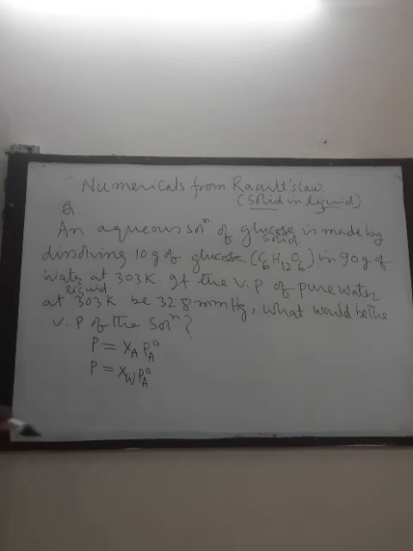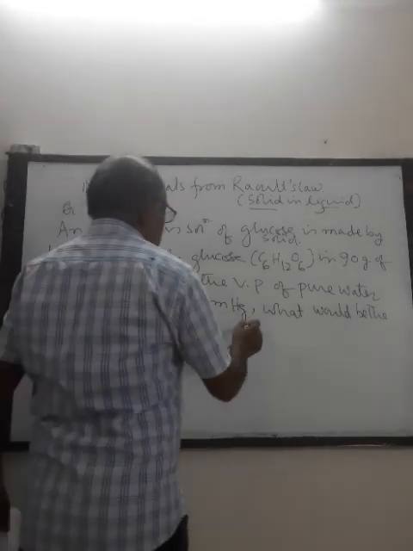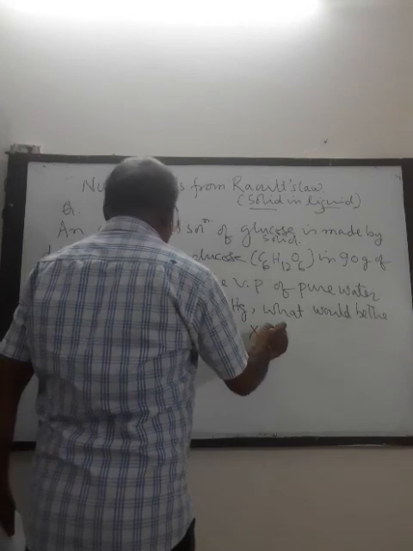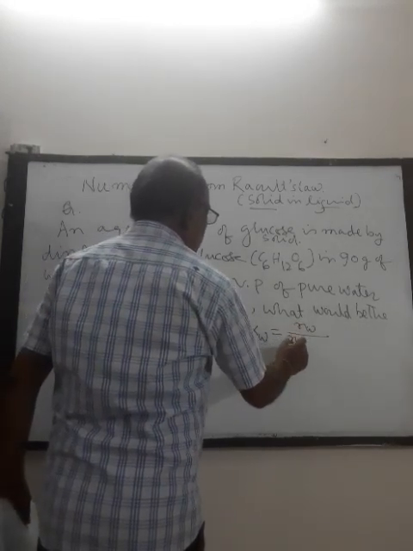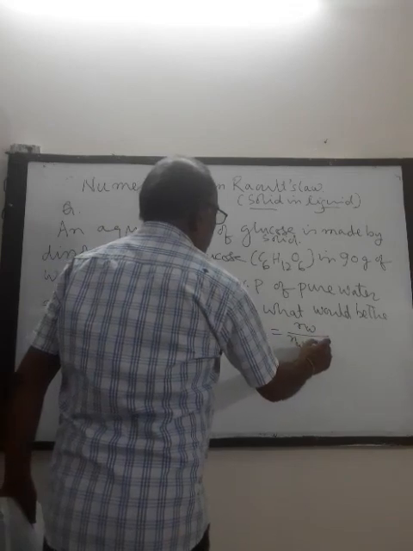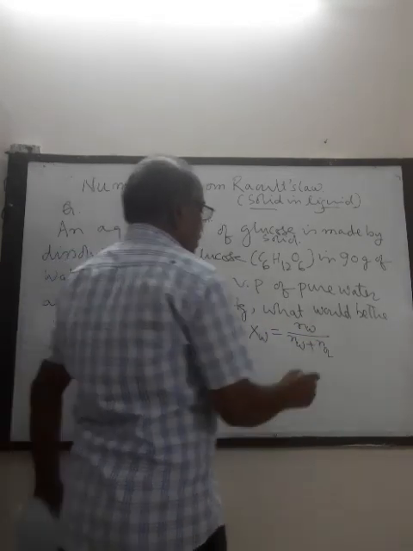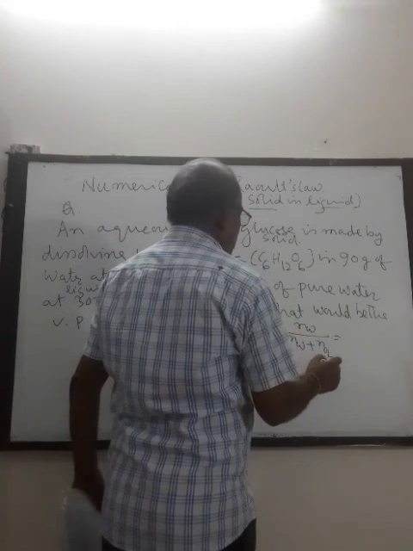Now, the mole fraction of water equals the number of moles of water divided by the number of moles of water plus the number of moles of glucose.